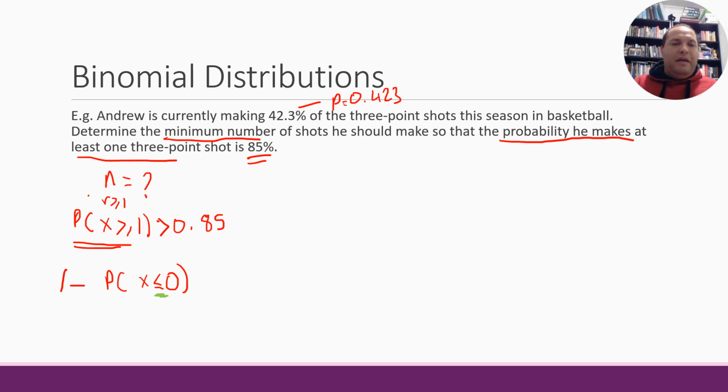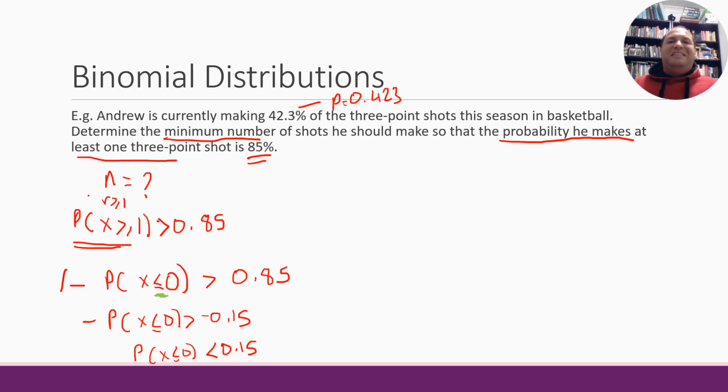And that has to be greater than 0.85. Doing some rearranging there, negative P(x less than or equal to 0) is greater than negative 0.15. Dividing by negative 1 switches my sign around. So P(x less than or equal to 0) is now less than 0.15.